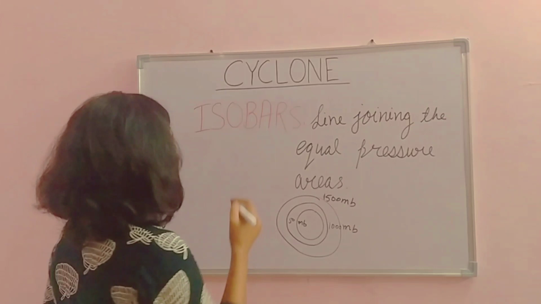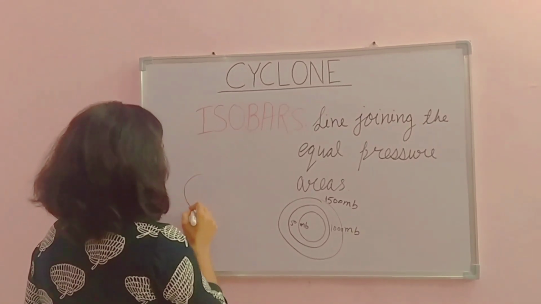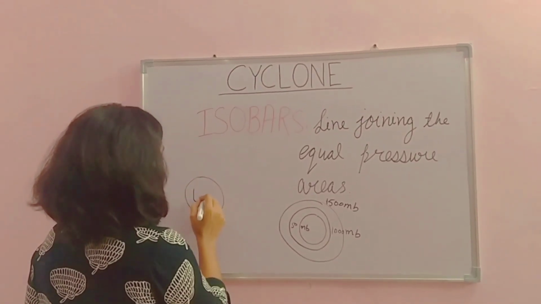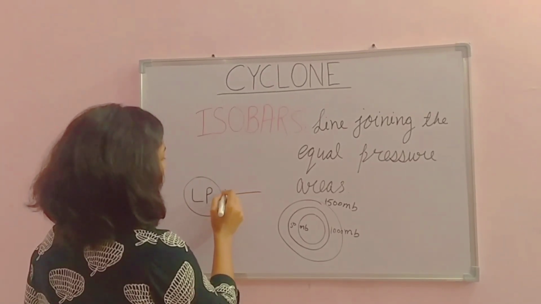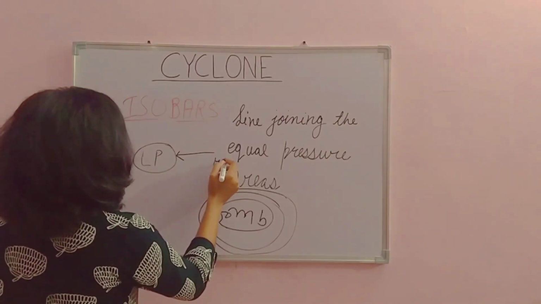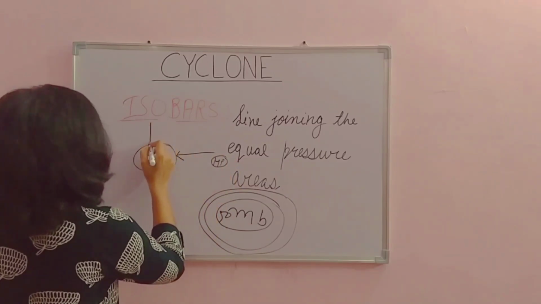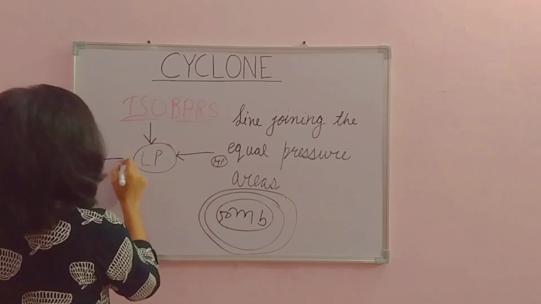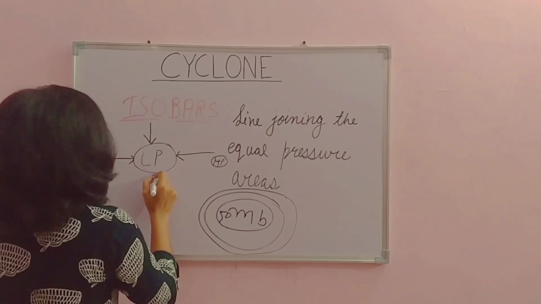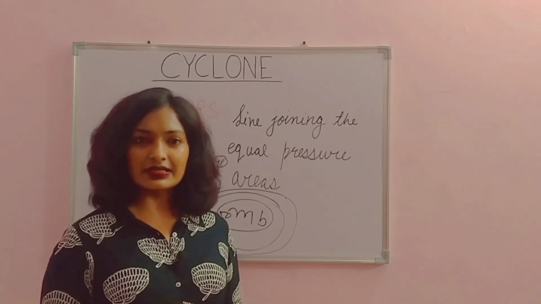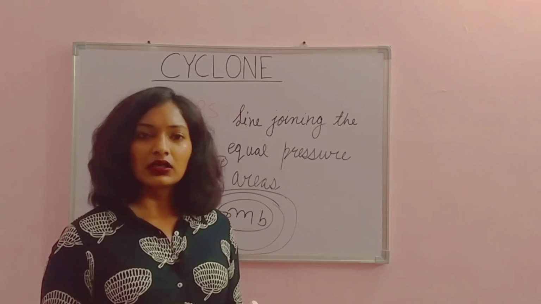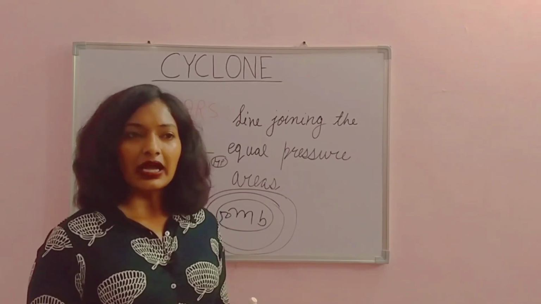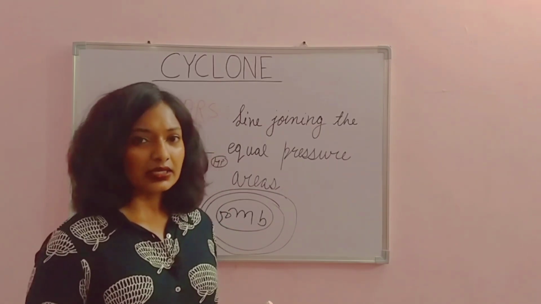Let's understand. If we talk about the northern hemisphere, let's consider that low pressure is developed here and the winds are moving from high pressure areas to low pressure area. So the wind formation is something like this. In the previous video we discussed that wind deflects to its right in the northern hemisphere and to its left in the southern hemisphere.